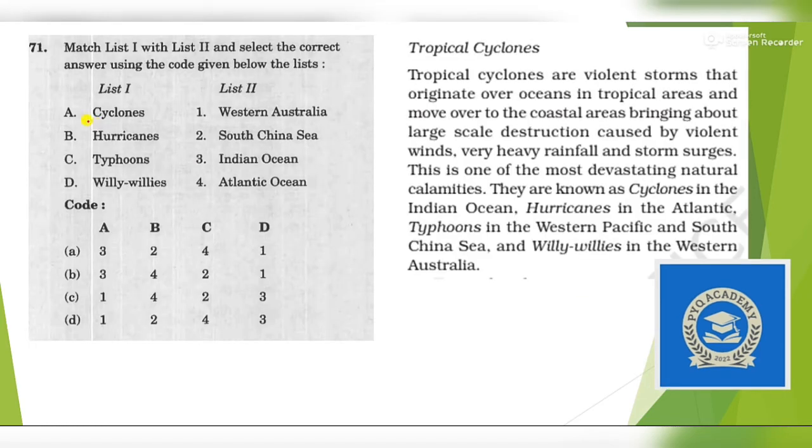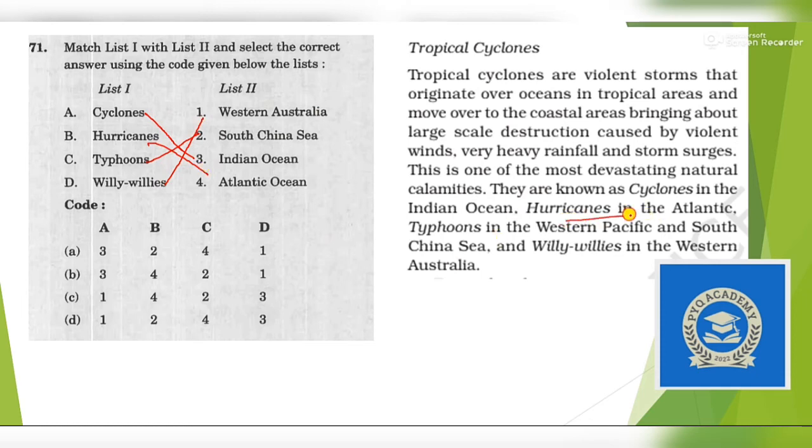Next question. Match list 1 with list 2 and select the correct answer. There are different names given to cyclones in different regions, and you will get the answer in NCERT itself, in the chapter on atmospheric pressure, in the cyclone paragraph. Cyclones is the name in the Indian Ocean, typhoons in South China, Willy Willy in Australia, and hurricane in the Atlantic Ocean.